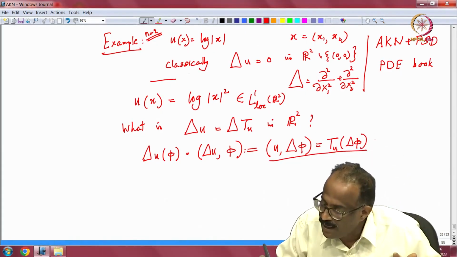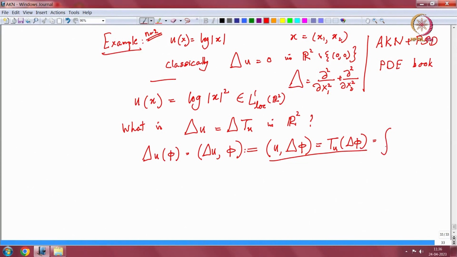Once you have that, this is nothing but the integral of log mod x square times Laplacian of phi in R2. It is an integral because log mod x square is a locally integrable function. How do you compute this? You cannot integrate by parts from the Laplacian of phi back to u immediately. You can do it once, but not twice, and you will have issues. This is done in detail in the book.